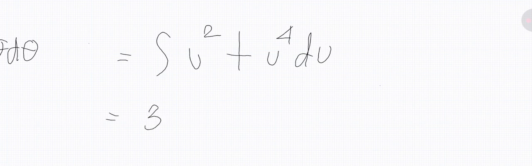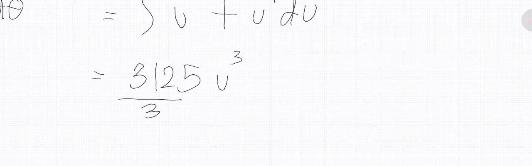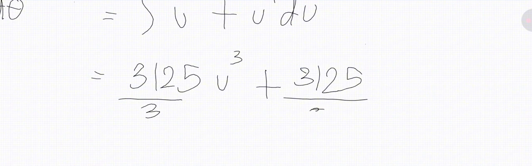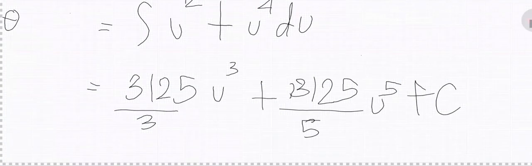So equals 3,125 u cubed over 3 plus 3,125 over 5 u to the 5th, plus c.